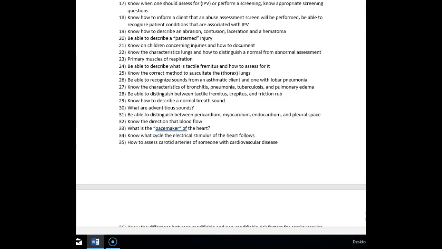Whatever the child says, for instance, let's say you think this is abuse, if the child gives you information, make sure you document it just as the child describes how the injury may have occurred. And then you always have to take into consideration that the abuser may be accompanying the child there at that time.